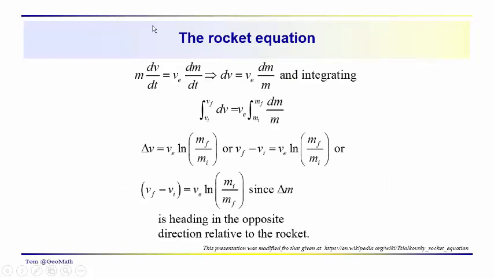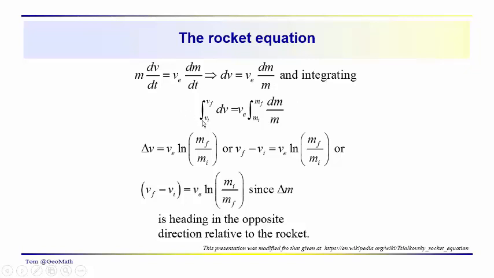Okay, so the rocket equation then, we've got m dv dt is equal to v dm dt. So if we cancel out the dt's and divide this side of the equation by the mass, we end up with the differential velocity equal to the velocity of the exhaust times the differential mass over m, the mass of the rocket, and it is varying through time.